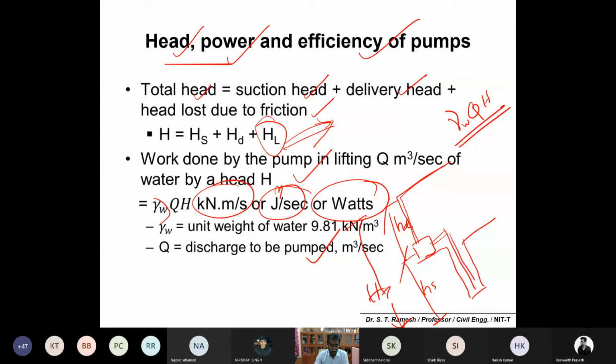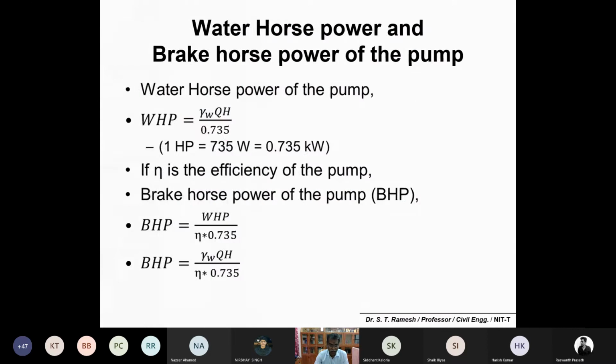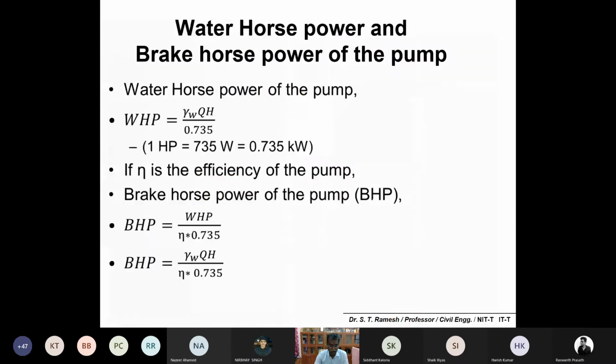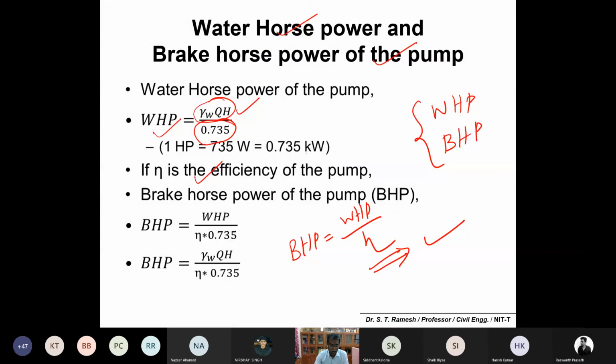And work done by the pump in lifting Q meter cube per second of water by a head of H meters, you can use gamma W into Q into H in terms of watts or joules per second or kilonewton meter per second, where gamma W is the unit weight of water. And you can convert to water horsepower, which is work done divided by 0.735, because 1 HP is equal to 735 watts or 0.735 kilowatts.